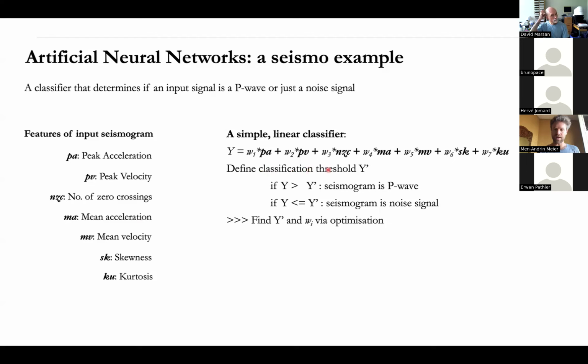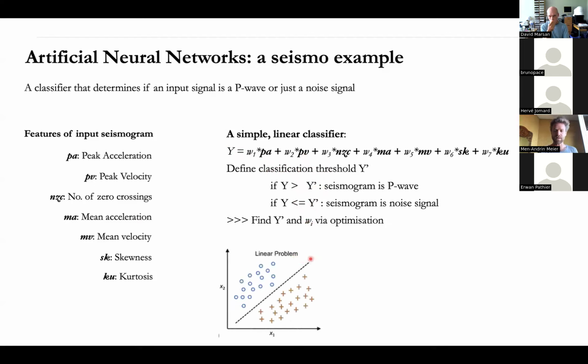So you could define a classification threshold: if y is larger than some threshold value y prime, then the input seismogram with which we computed the features is a P wave, and if it's smaller than that, it's a noise signal. And you can find the threshold value y prime as well as all the 7 weights with some optimization method.